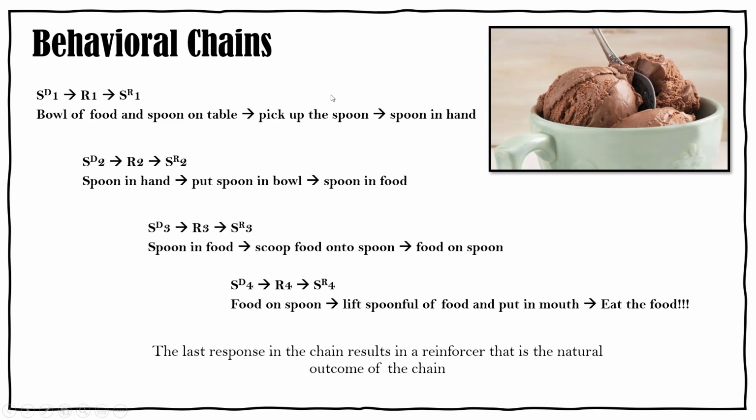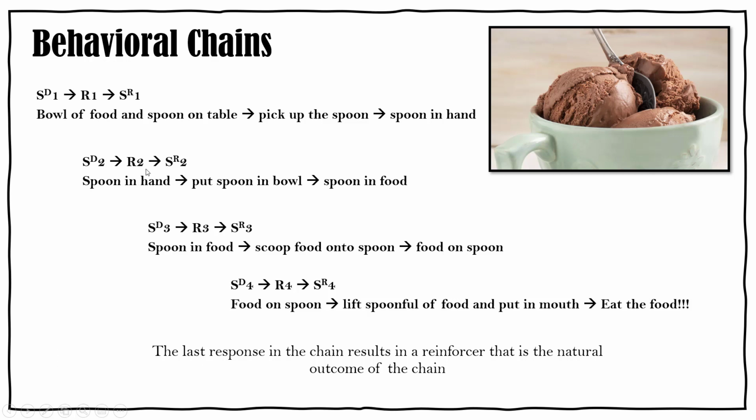So, for example, if we want to teach the kid to eat ice cream, the first SD is that he might see the bowl of ice cream and a spoon on the table. His behavior is going to be to pick up the spoon, and that behavior produces a stimulus change, meaning now the spoon is in his hand. That stimulus change is a reinforcer for the behavior of picking up the spoon, and also an SD for the next step in the sequence.